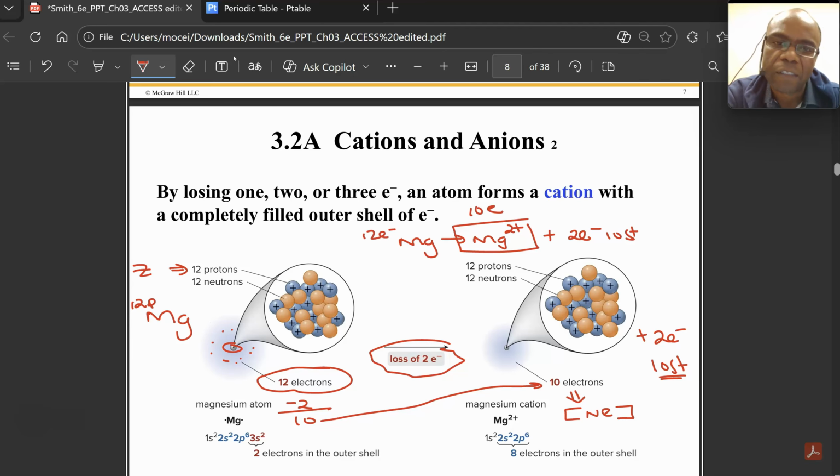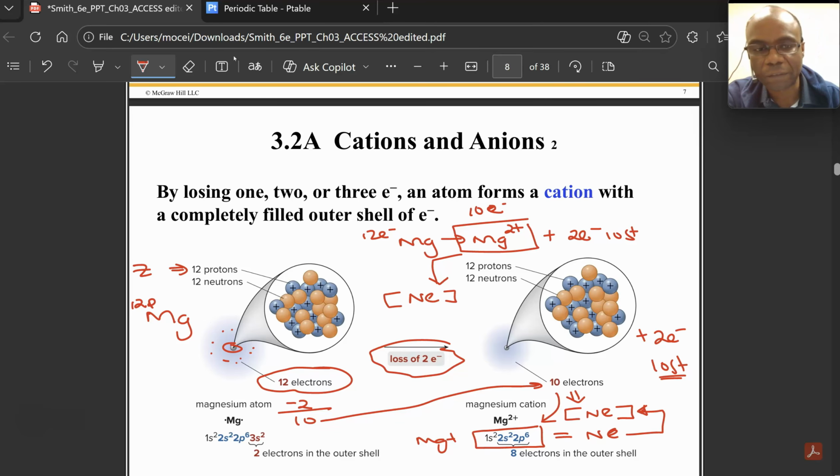Elements react in such a way as to have the same number of electrons as one of the noble gases, which are stable. So Mg2+ has the same electronic configuration as neon, the noble gas configuration.